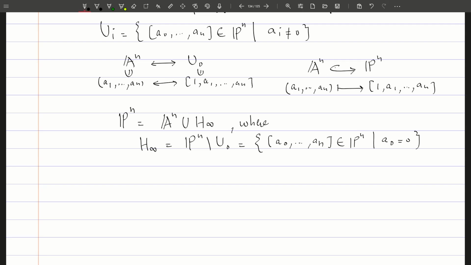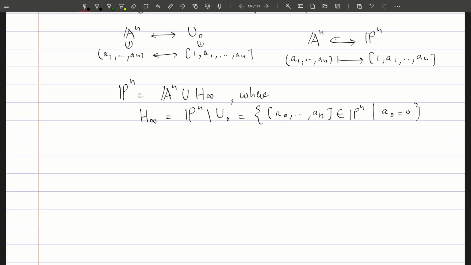This H infinity is called the hyperplane at infinity. One can also view it as the zero set of the polynomial x0.